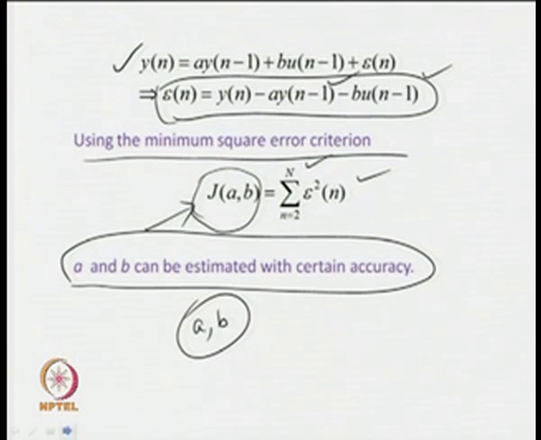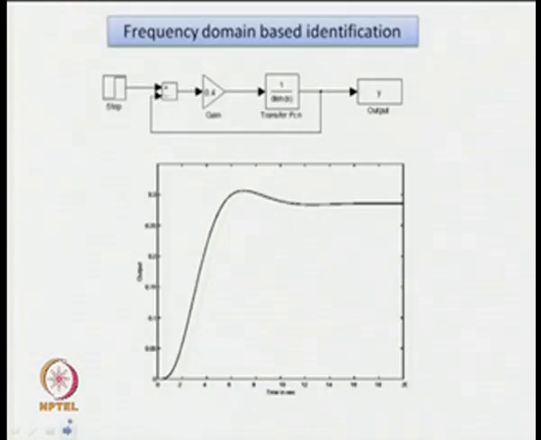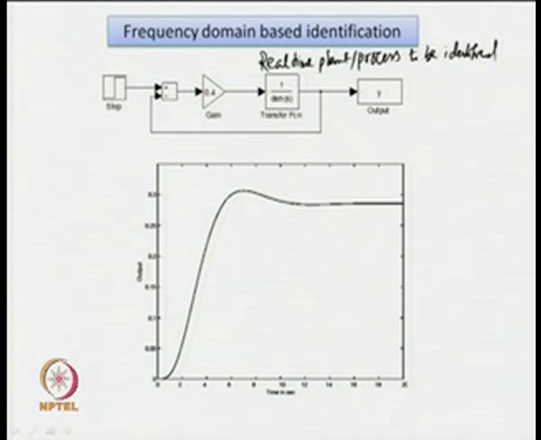So, an alternate approach is discussed next, that is known as frequency domain based identification. In the frequency domain based identification, the real time plant or process to be identified is put in a closed loop in this fashion.